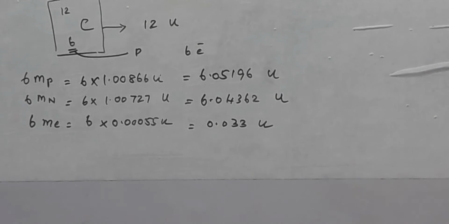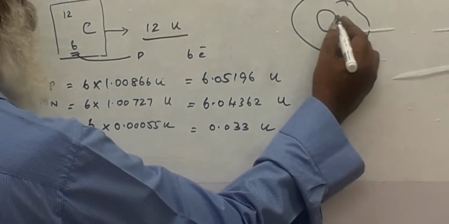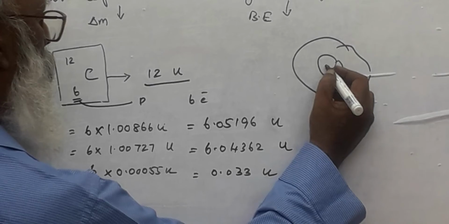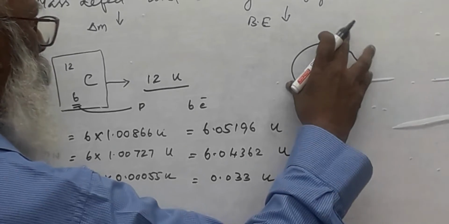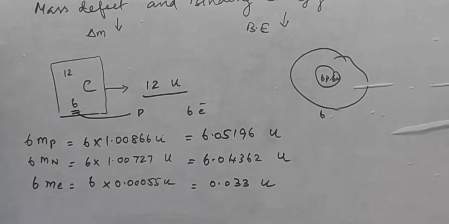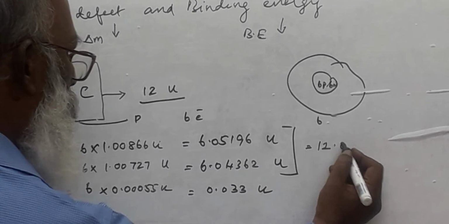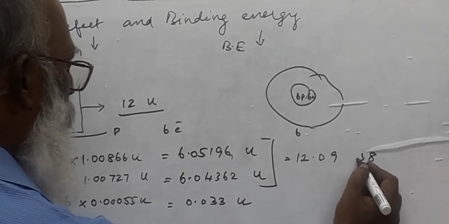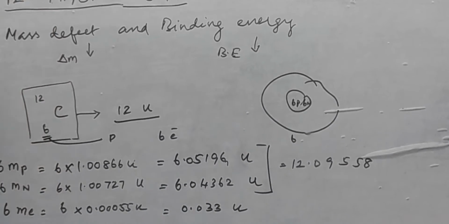Now, if you calculate the total atomic mass of carbon 6C12, with 6 protons and 6 neutrons, and add them, you get a mass equal to 12 U. But if you add the protons and neutrons alone, you get 12.09558.